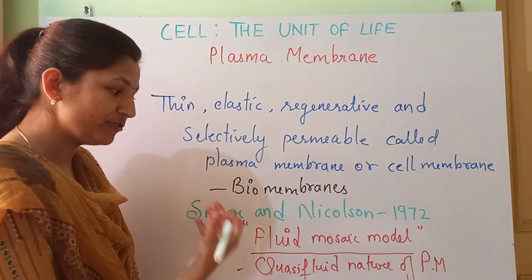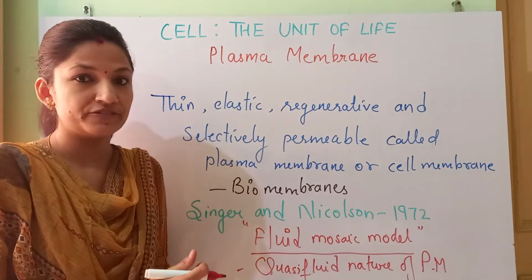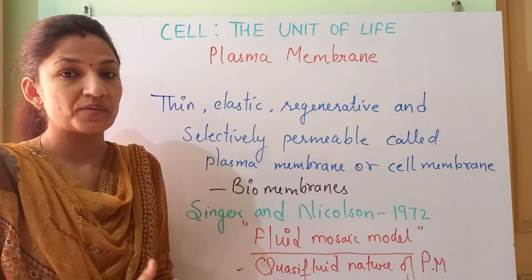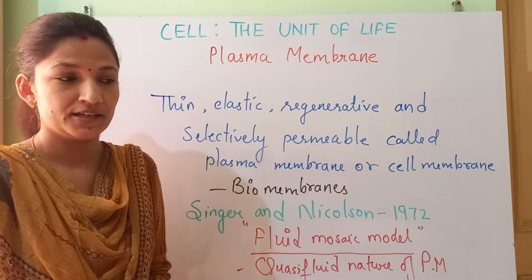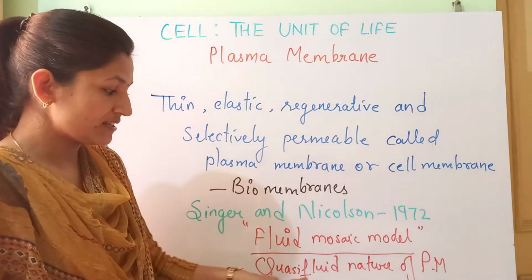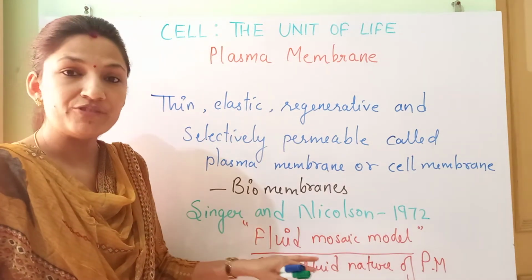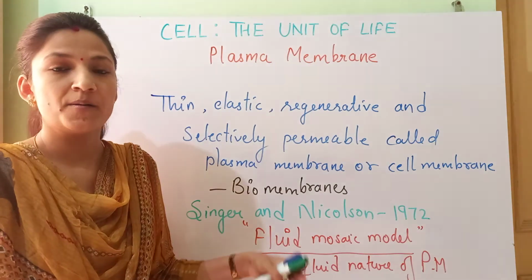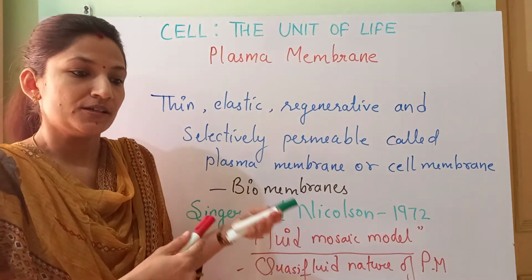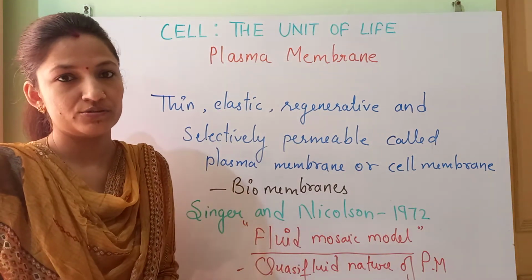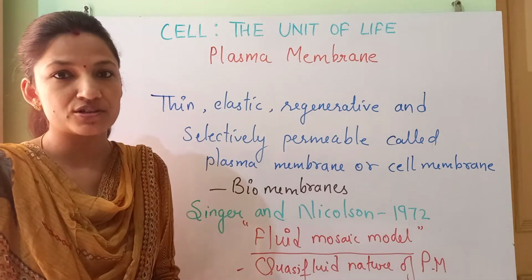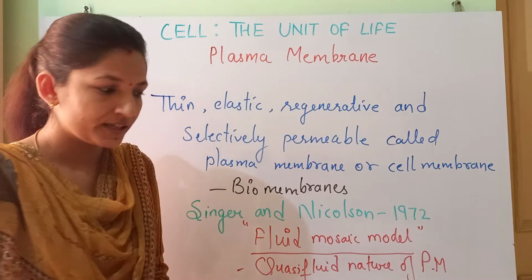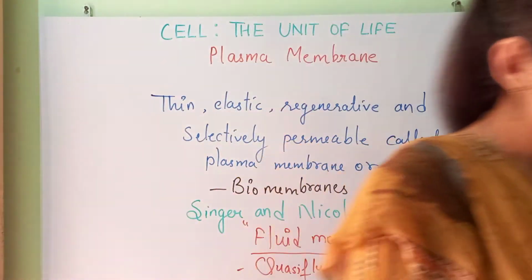So that semi-fluid nature is because of the lipids present in the structure of the plasma membrane, and this quasi-fluid nature allows the lateral movement of the protein molecules within the structure of the plasma membrane.